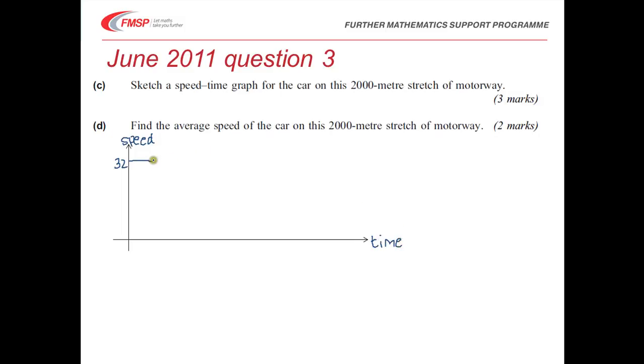We travel at this speed just for 12.5 seconds, and then we're decelerating until we get to 18. Now it is only a sketch. You could use a ruler and it would make it a little bit better. This was 12.5 seconds, put a 0 in there, and if you remember, there was another 64 seconds that we worked out, so if we add that on to the 12.5, we'll get 76.5.